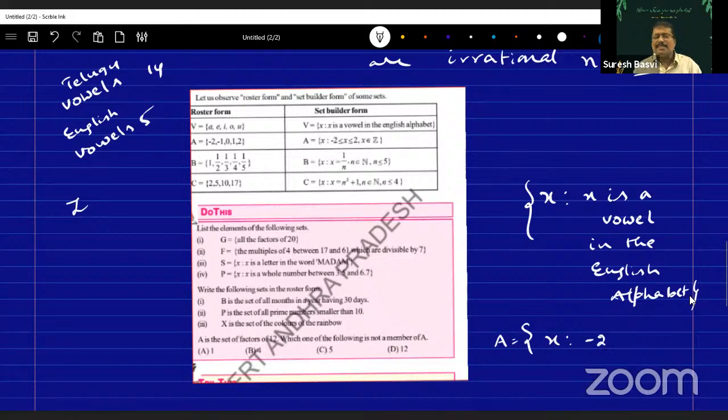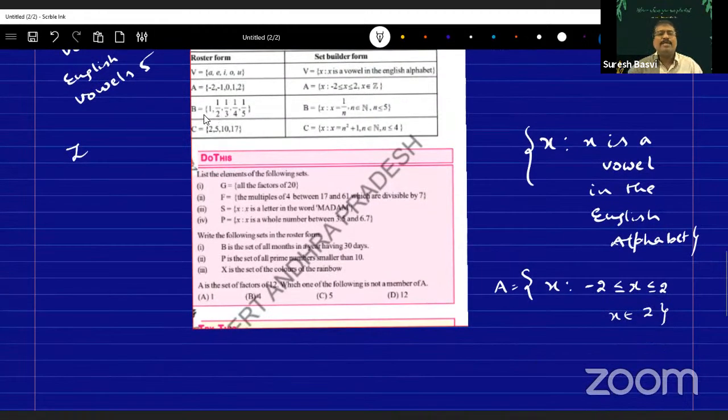X is greater than or equal to -2 and less than or equal to 2, and also the condition is x belongs to Z.